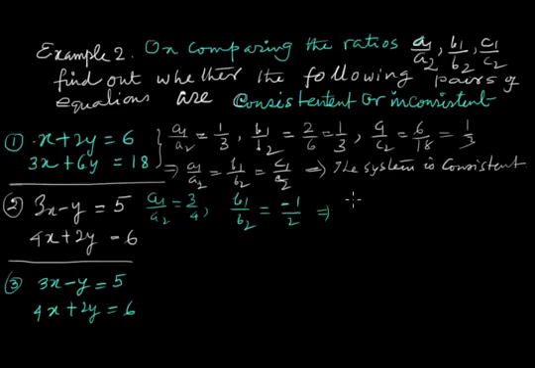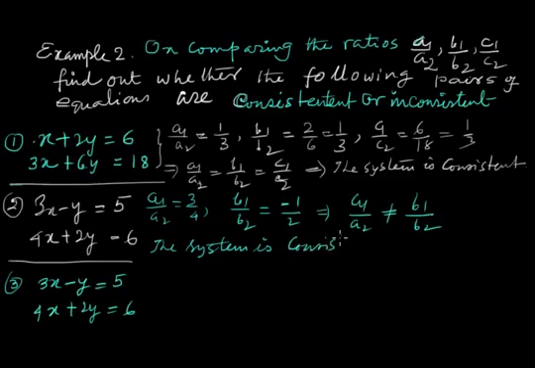So clearly A1 by A2 is not equal to B1 by B2. So the system is consistent. It has a unique solution.